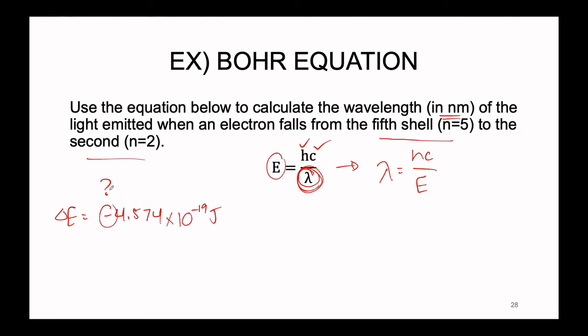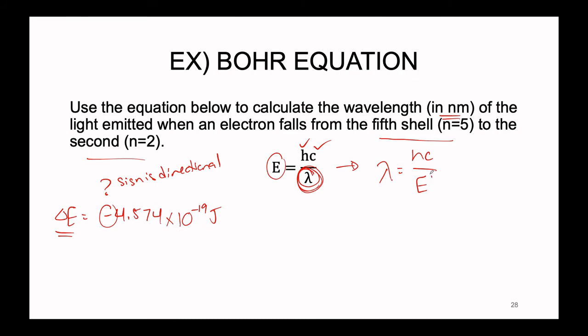The delta E that we just calculated was negative because the sign is directional. Is the energy going into the atom, or is it leaving the atom? The negative sign has nothing to do with the actual magnitude of the energy. The magnitude of the energy is still 4.574 times 10 to the negative 19.